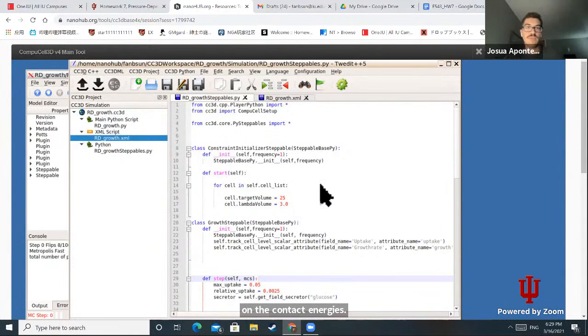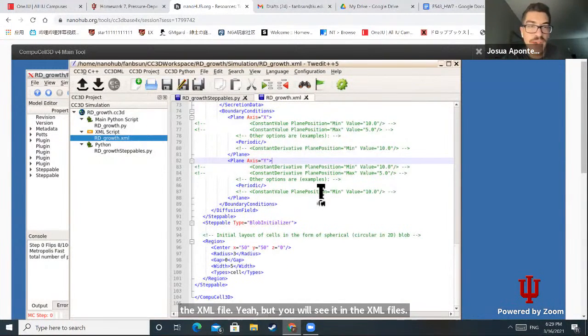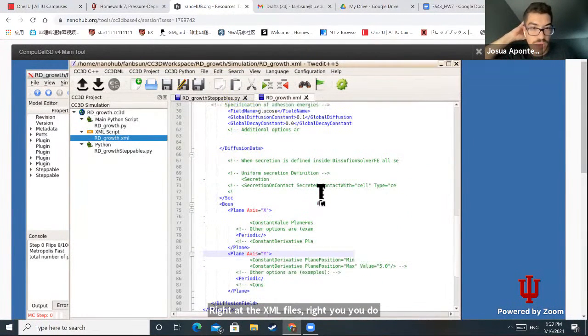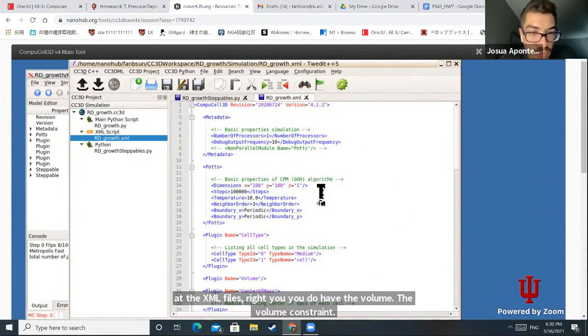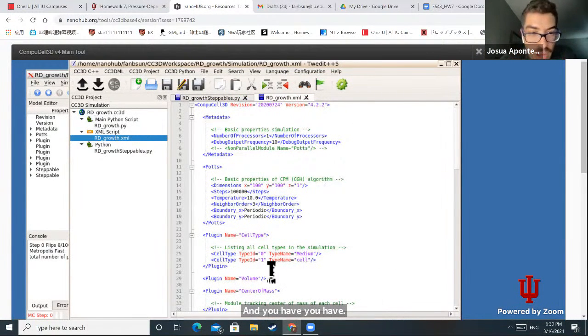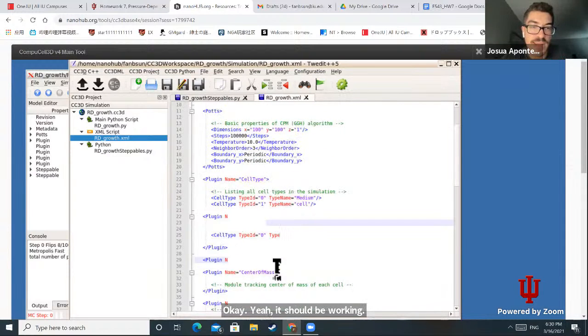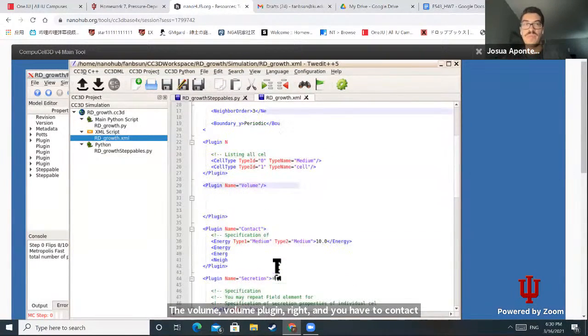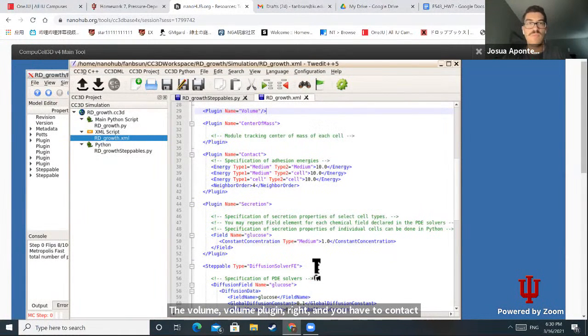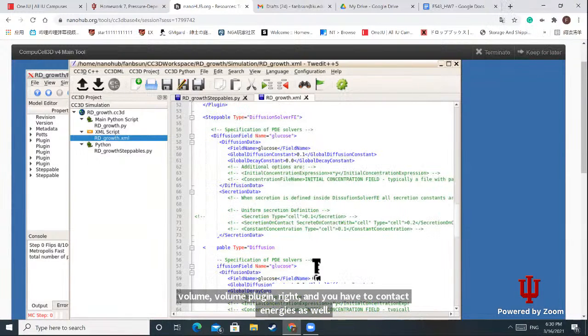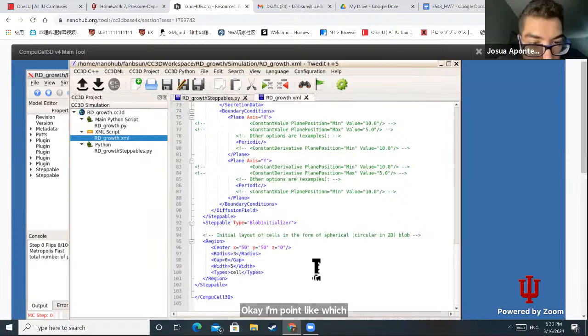Yeah, you will see it in the XML files. Right, in the XML files you do have the volume constraint. Here, you mean the volume constraint? The volume plugin, right? And you have the contact energies as well. Can you point which line I have the volume constraint? I think you're fine. Run the simulation again.